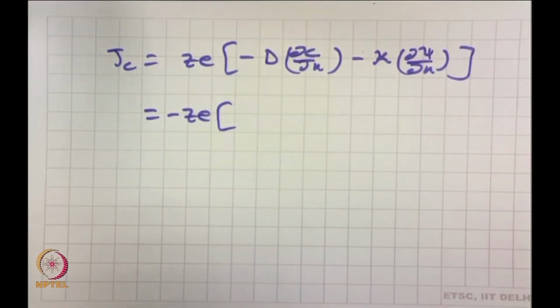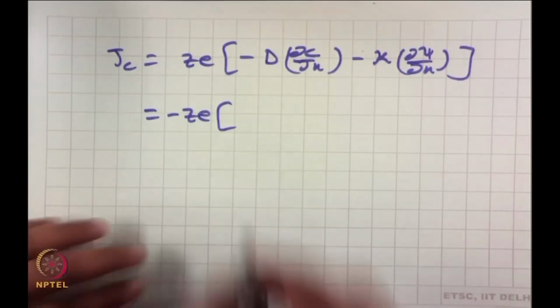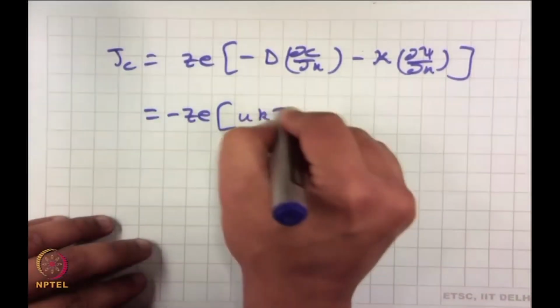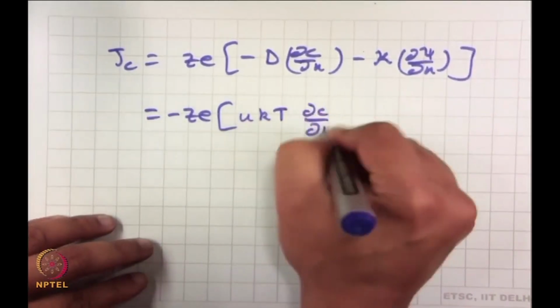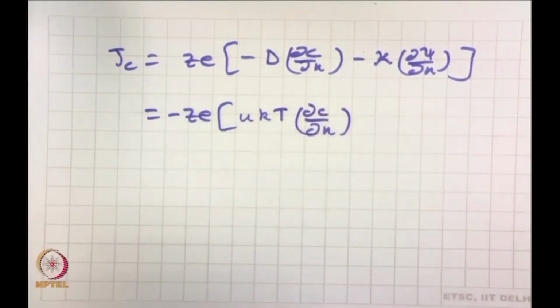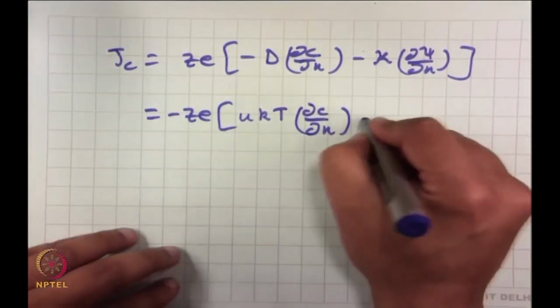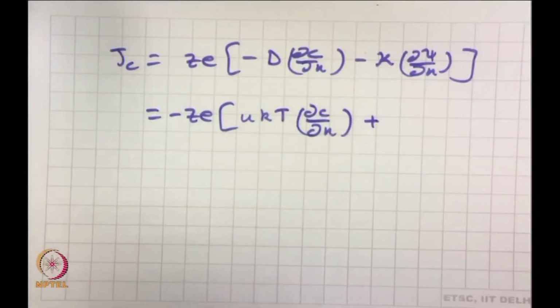What is the expression of D, the diffusion coefficient, from before? Kt by xi, right. But 1 by xi is equal to what? U. So, I can write U Kt, then del C over del of x. And what was kappa for me?